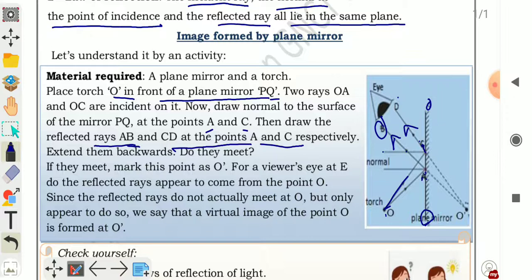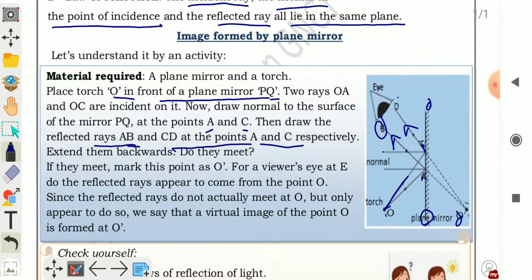Then extend the reflected rays backwards. If you extend the reflected rays backwards, meaning behind the mirror, do they meet at any point? Yes, they meet at point O dash.